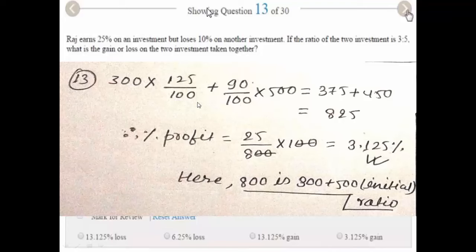Solving this expression we get the result 825, meaning the percentage profit equals 25 minus 25 by 800 into 100, which is 3.125. This 800 comes from 300 plus 500.